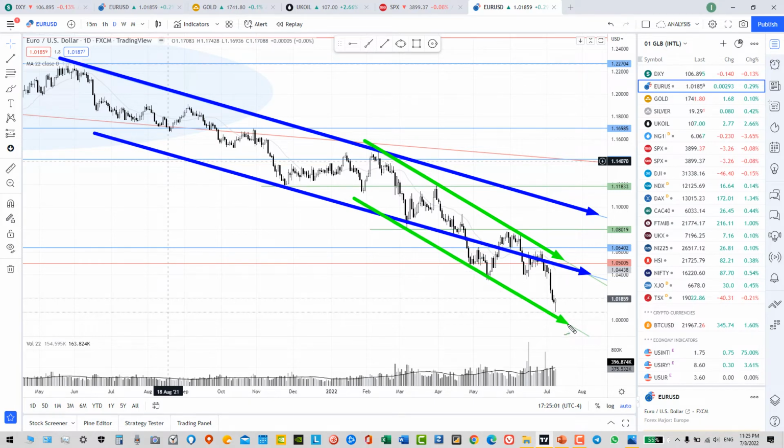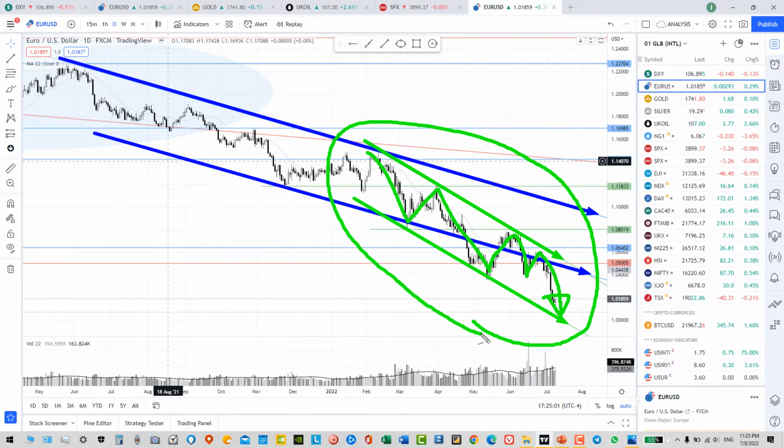Of course, this impulsive wave is formed of moves: impulsive, corrective, impulsive, corrective, impulsive, corrective, and impulsive. So in general, this medium-term wave is considered an impulsive wave, forming a part of the bigger time frame, which is the weekly downtrend.